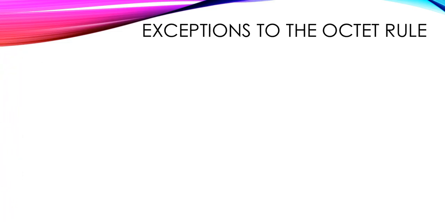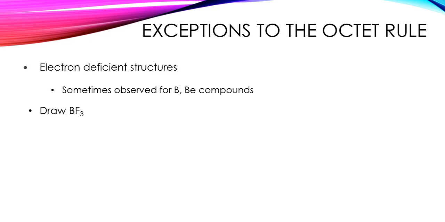Oops, sorry. Went on too fast. I was trying to get to the pen. All right, so I have 24 electrons. If I put boron in the middle, it makes sense that the fluorine atoms would be outside it. So the simplest structure I can draw involves single bonds between the boron and the fluorine.